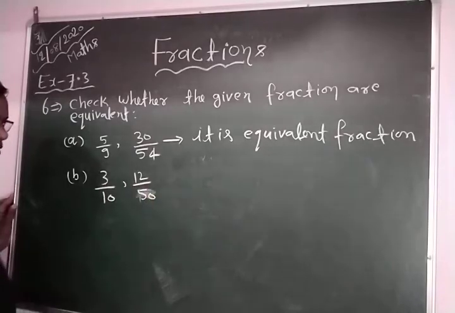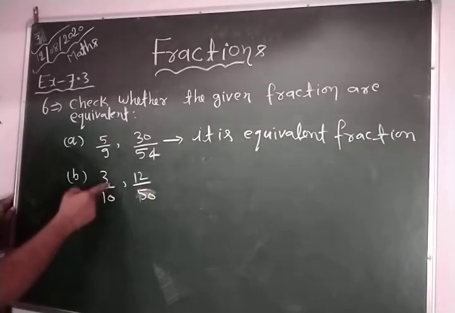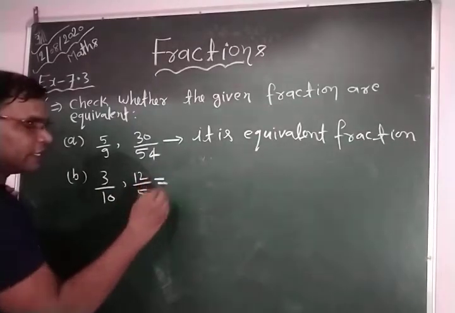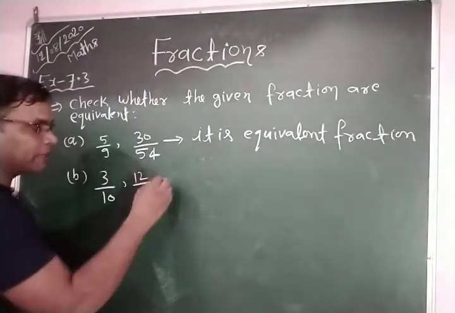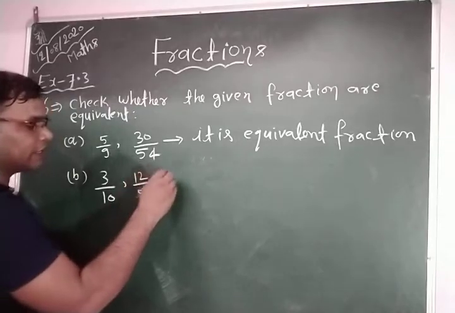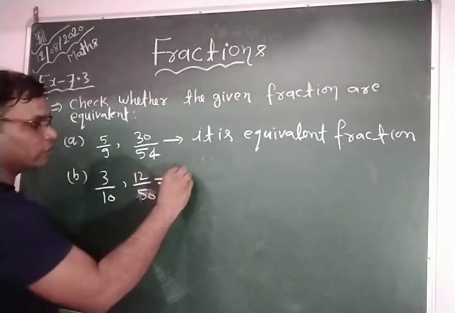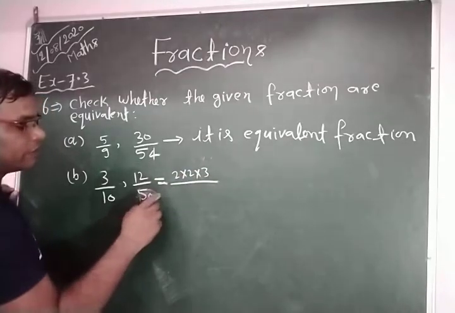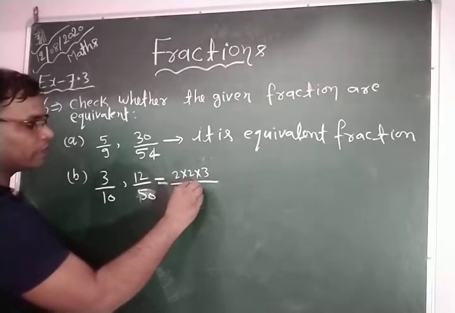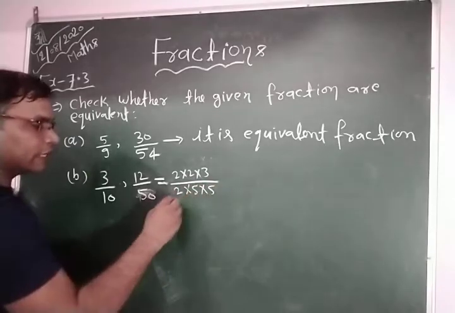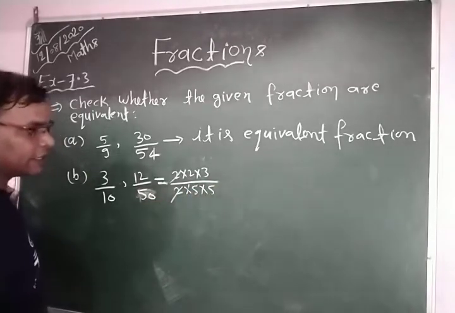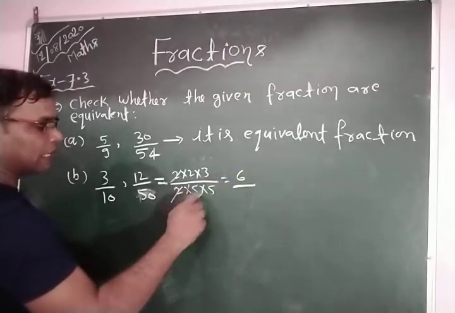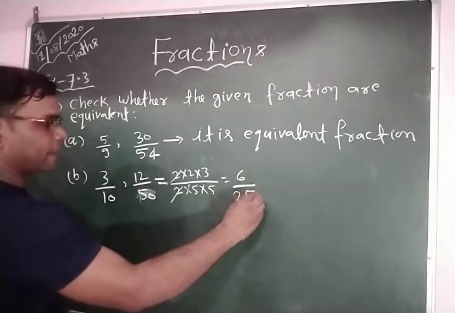Clear? So 3 by 10 we can simplify, but 12 by 50, if we break it in terms of prime factors, you can write 2 into 2 into 3 over 2 into 5 into 5. If 2 is cancelled here, we will obtain 2 into 3, 6 by 25.